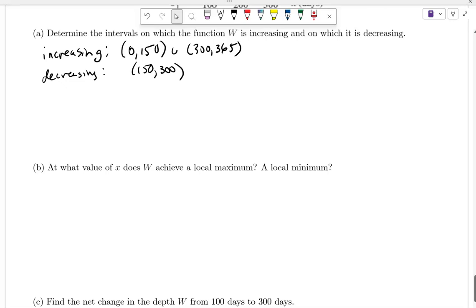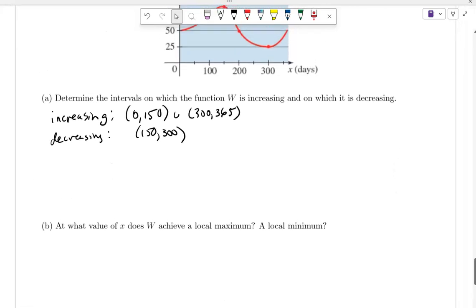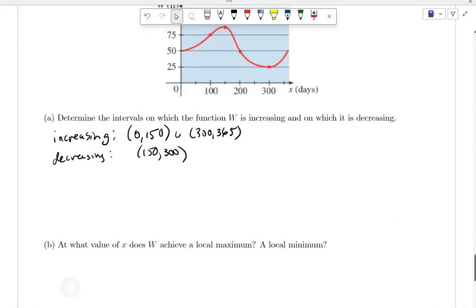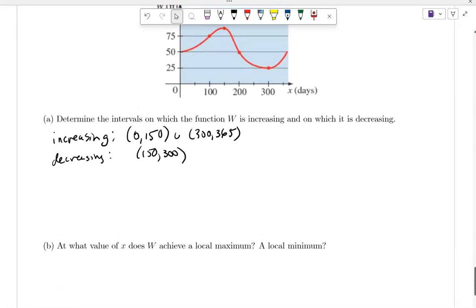Let me see if I can shrink it just a little bit so we can actually get the graph on here at the same time. Do you see a local maximum? Do you see the top of a hill? Now in this case, this one's asking for the value of x. So it's not asking for coordinates of a point, it's just asking for the x. What x value do you see a maximum at? Yeah, the 150. Good.